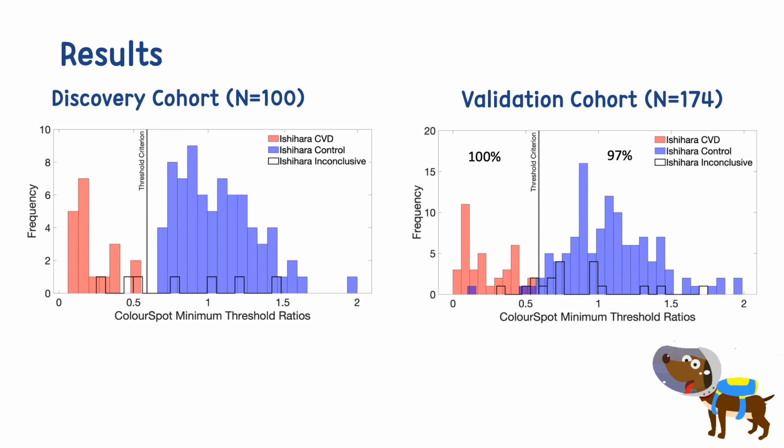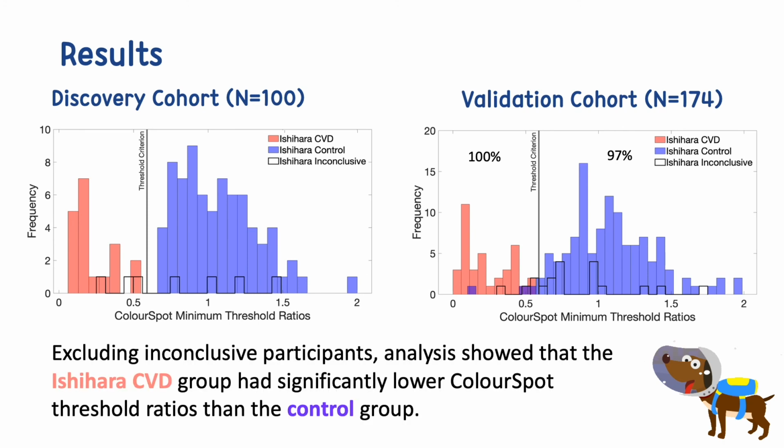We do have 3% of participants who were classified as normal by the Ishihara but CVD by our test, and 2 of those are very near this threshold boundary over here, as you can see, but there is one that performs very similarly to participants in the CVD group, and we believe this is a false negative by the Ishihara, but only a genetic test can really answer that question. Excluding inconclusive participants, our analysis showed that the Ishihara CVD group had significantly lower ColourSpot threshold ratios than the control group.